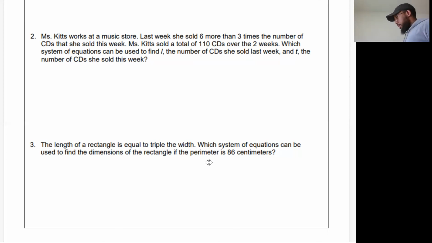So we could say 2L plus 2W is equal to the perimeter, which in this case in number 3 is 86. So I just helped you out with number 3 with one of your equations. 2L plus 2W is equal to 86.